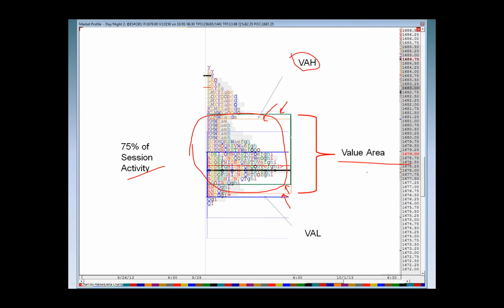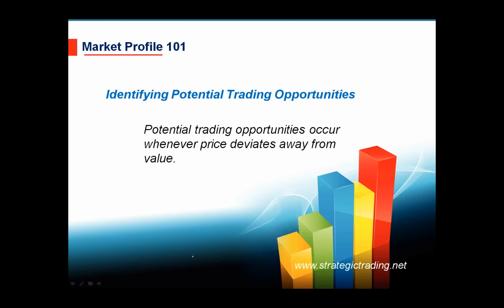Quite often, both of them will overlap, as we have in this case on this particular session, but sometimes we will see a little bit of a variance between those two. When that variation occurs, that's one of the other key concepts that one has to learn, understand and interpret, but that will be hopefully for another lesson. Let's take the very basic value area and how we would apply that.